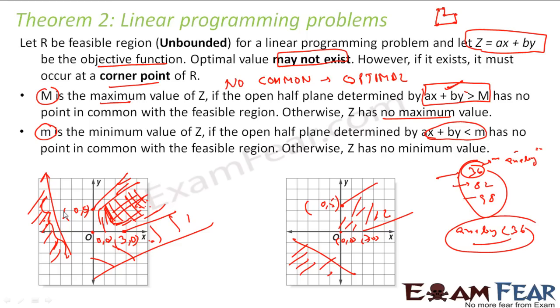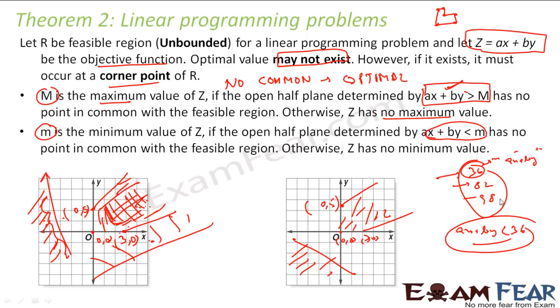Correct? So I think we'll solve more examples to get the concept clear. But the concept is that if you have a closed bounded region, corner points will give you maxima and minima. If you have an unbounded region, then in that case, you first find the corner points. Then if you're looking for maxima, find all the objective values which you can get.